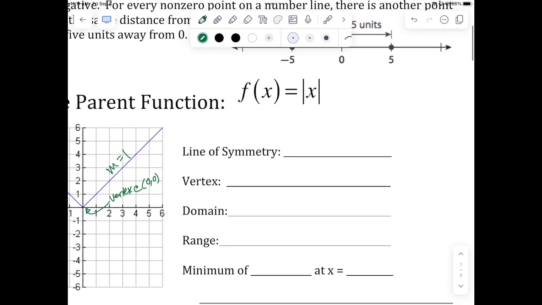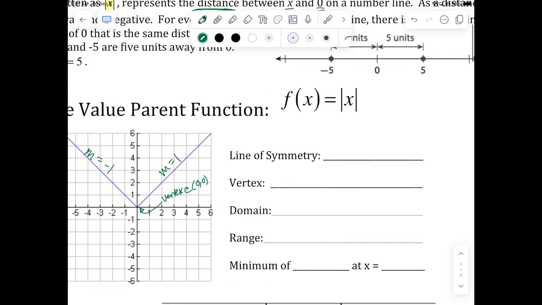The other characteristic of the graph, the line of symmetry, x equals 0.